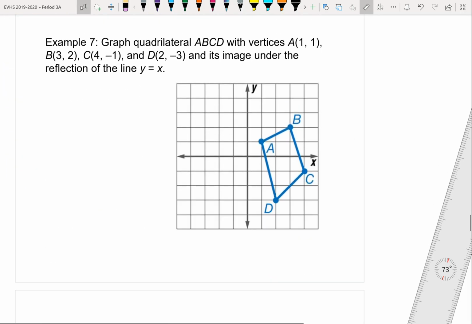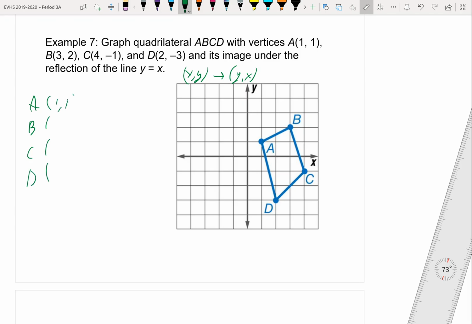Okay, so let's do this onto the line y equals x. Now remember, that is not yx, I'm sorry, xy transforms to yx. So let's go A, B, C, and D, which are at (1, 1), (3, 2), (4, -1), and (2, -3).